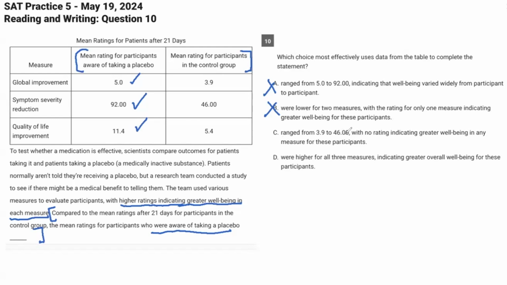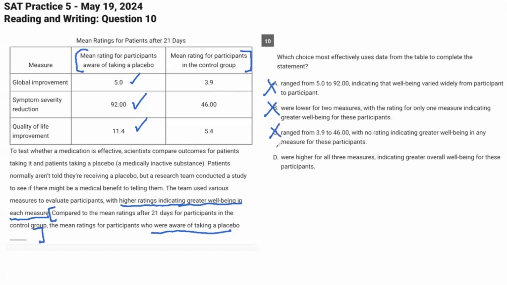If you look at these numbers, see where they are in the table, 3.9 and 46. Again, it's doing the same thing that choice A tried to do, only it's extra wrong because it's only giving you information from the control group, not the participants aware of taking a placebo. So this is out, which leaves us with choice D.